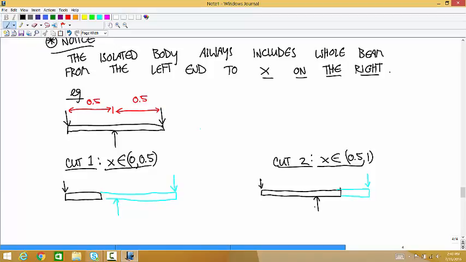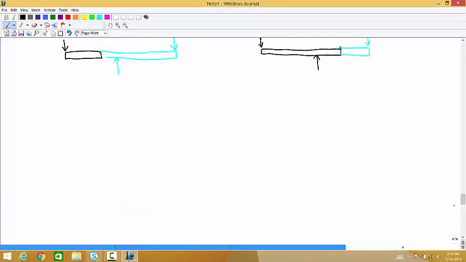Okay, let me do a quick, easy example. Let's say that we have a beam that's connected to a pin joint at the left and makes contact with the ground through a roller at the middle.